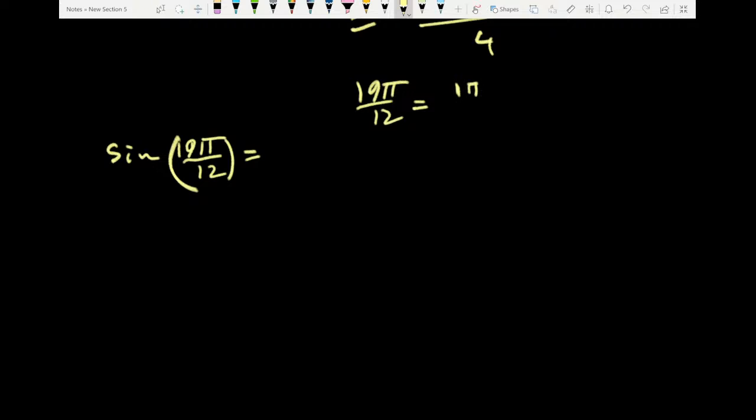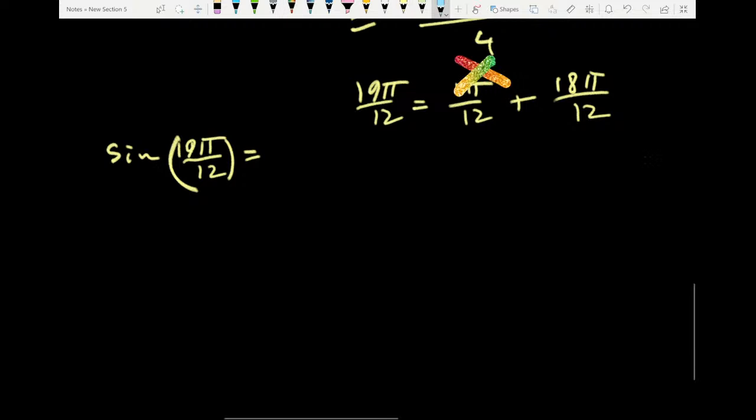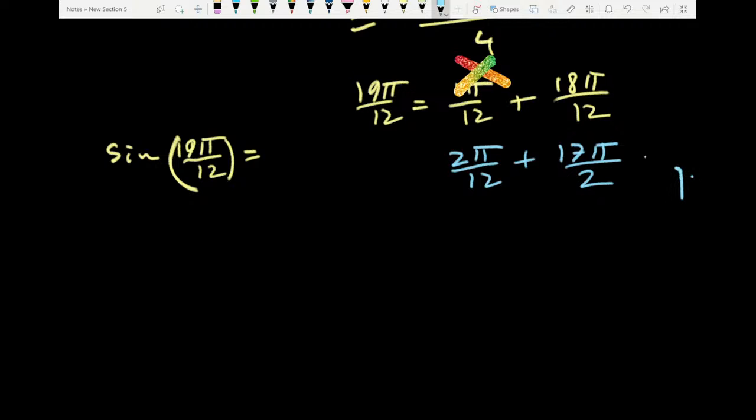Well, the first one is 1 pi over 12 plus 18 pi over 12. Does that work? No, because pi over 12 is not our desired angle. Let's do the next one. 2 pi over 12 plus 17 pi over 12. That doesn't work because 17 pi over 12 is not our desired angle.